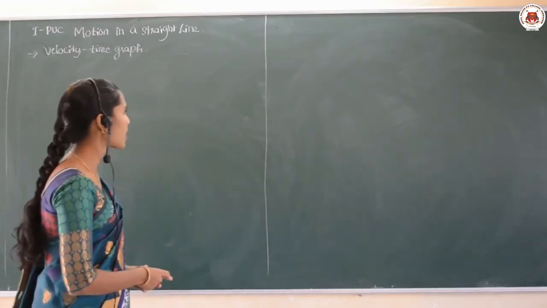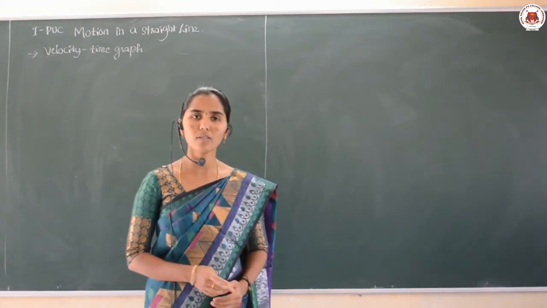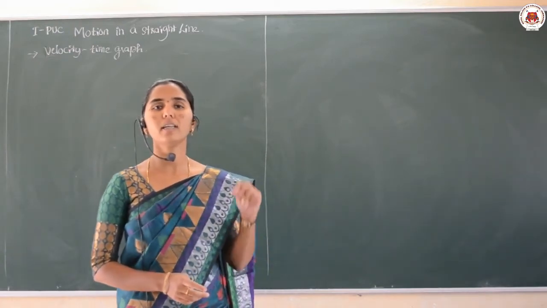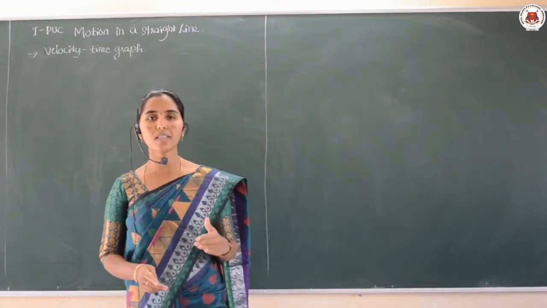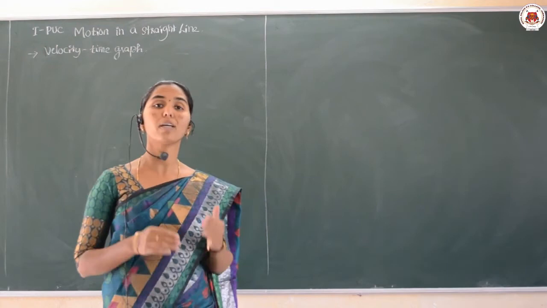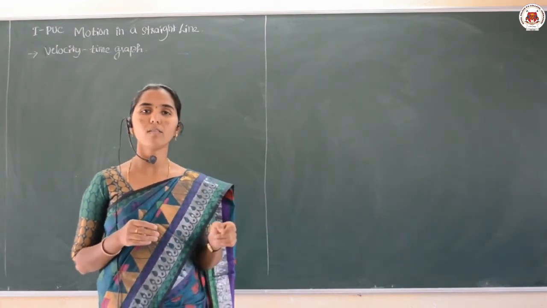In the previous classes we discussed the velocity time graph when the velocity of an object was constant, and when the object was moving with a uniform velocity and a uniform decrease in the velocity.